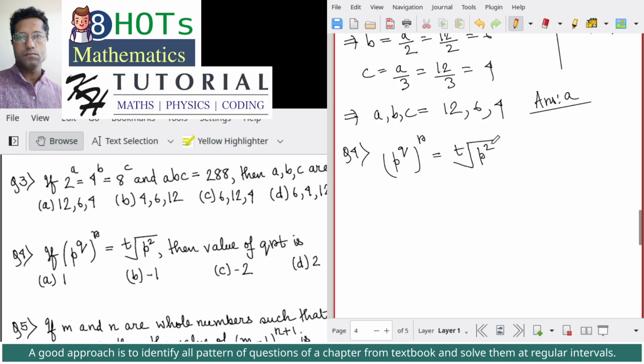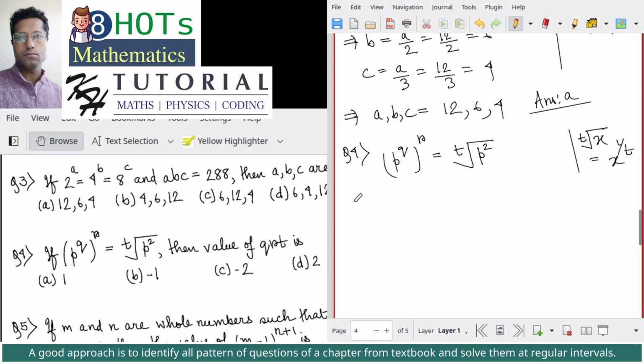The tth root of x is nothing but x to the power 1 by t. Okay. So we are given this, and it is asking the value of QRT.